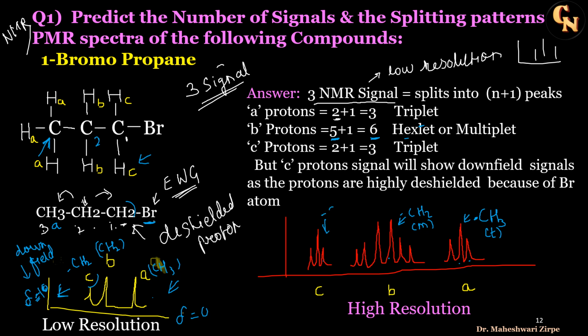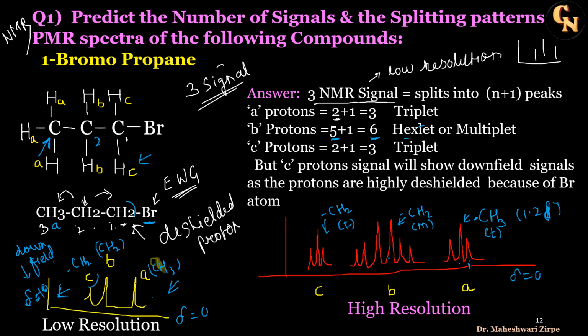Then this is again CH2, and in bracket we'll write T. You can have some values also for this: as this CH3 is near delta equal to 0, the value when you get the signals may be 1.2 ppm, or delta, the chemical shift, 1.2, and so on. This way you can have the delta values also in your spectrum.